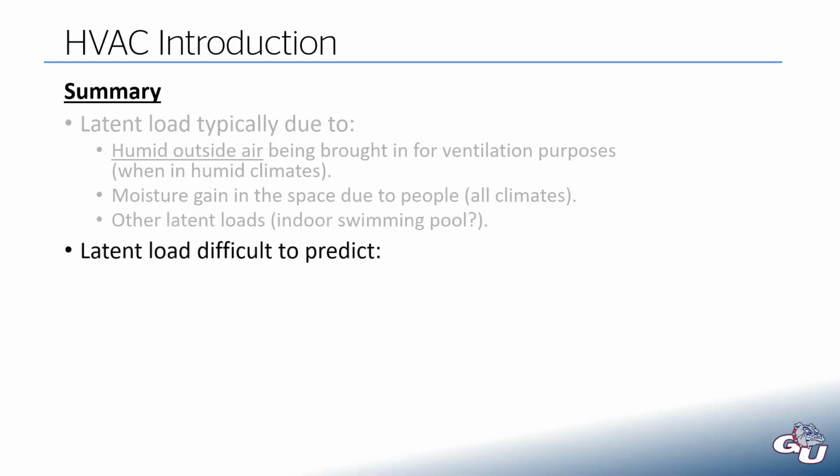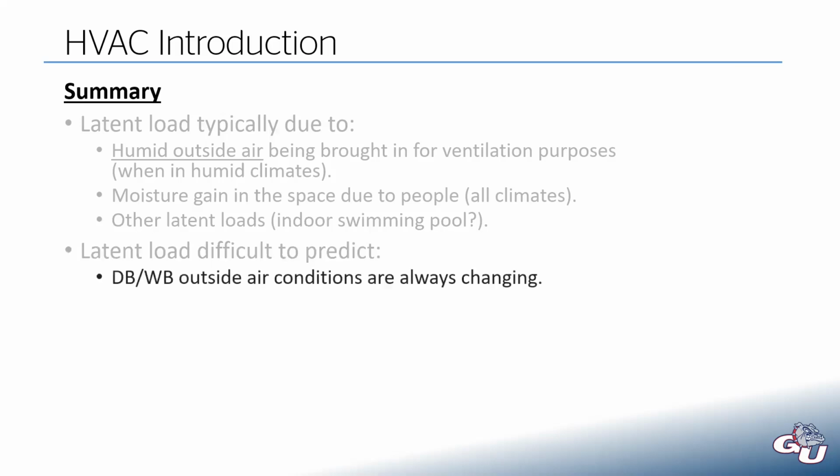And this can be pretty difficult to predict. Your dry bulb and your wet bulb outside air conditions are always changing. So a 100-degree dry bulb day with a 50-degree wet bulb temperature is very different than a 100-degree dry bulb day with a 70-degree wet bulb.